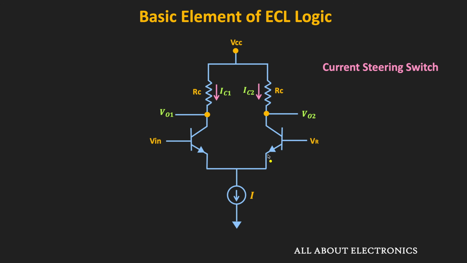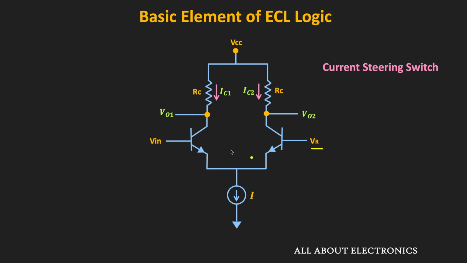For that, one arm of the differential amplifier is biased with a fixed voltage, let's say VR, and the input is applied at the second arm. Here we are assuming that the transistors used in the differential amplifier are a matched pair, meaning in all respects they are identical.